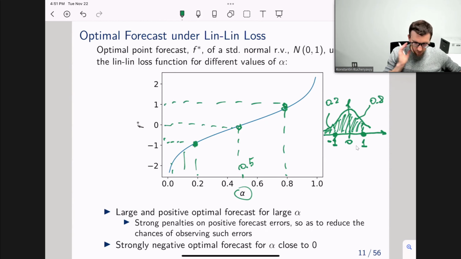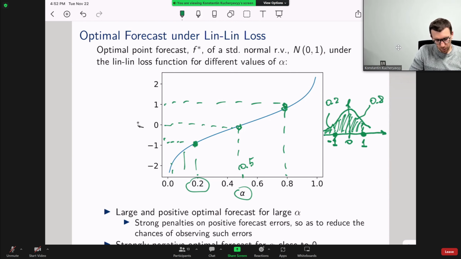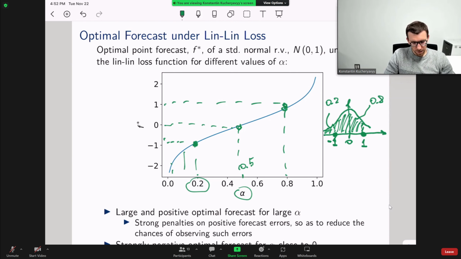So the median value of normal 0, 1 is 0. Then if alpha is small, closer to 0, like 0.2, say, then what does that mean? That means that we will be forecasting negative values, like with the normal distribution.